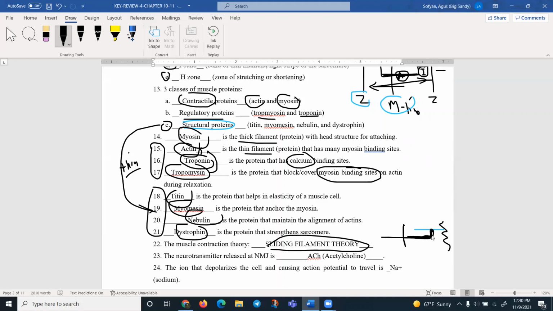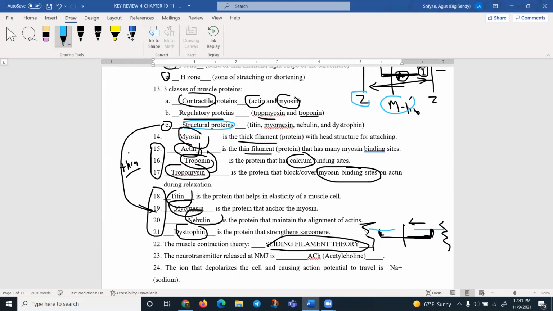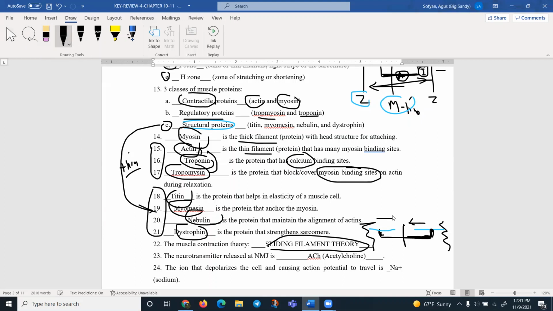The myosin head will bind to the actin, and this myosin then will pull the actin into the middle. The same thing over here, there will be myosin head. This is the Z disc, and this is actin. So the myosins will pull this actin from its side into the middle. It's making shorter. So this is what we call the sliding filament theory.